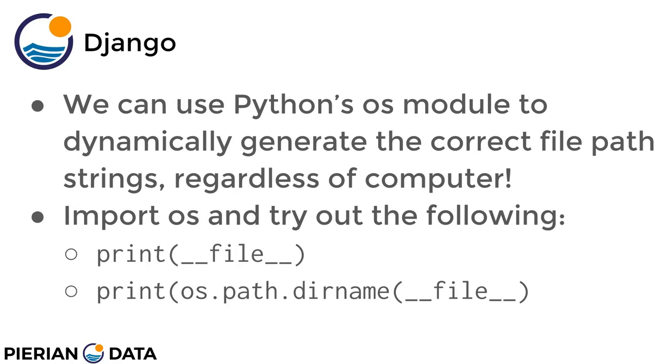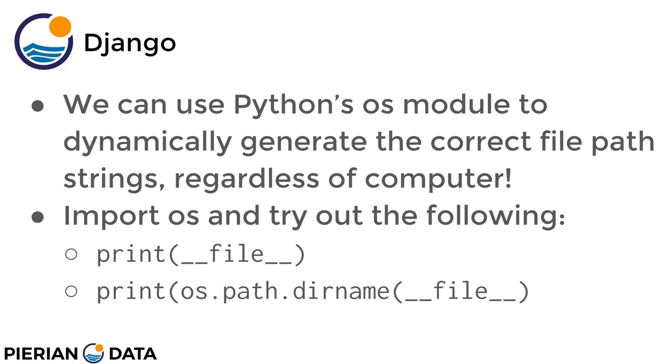Well, this is where the power of Python comes into play. We can use Python's OS module to dynamically generate the correct file path strings, regardless of whosever computer you're using or whatever operating system you're using. If you want to check this out, you can import OS with Python and then try out something like the following: print __file__, or print os.path.dirname and then pass in that file tag.